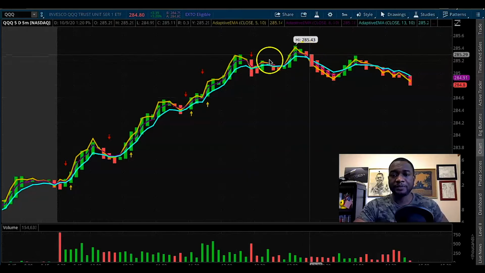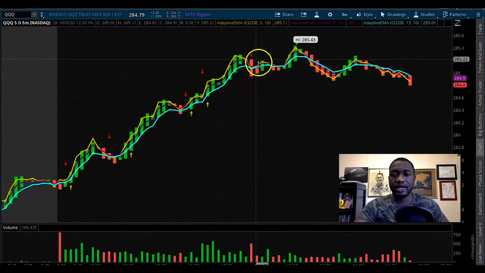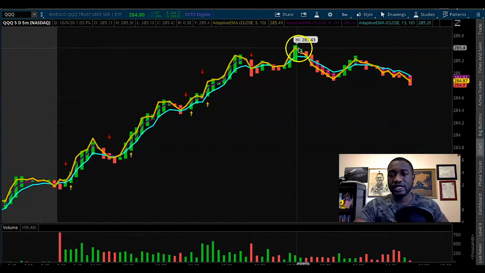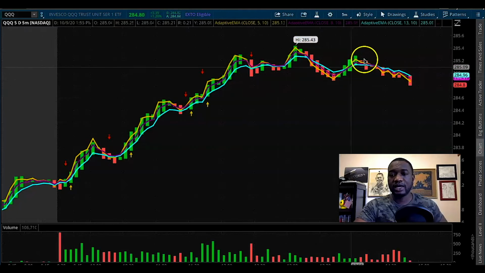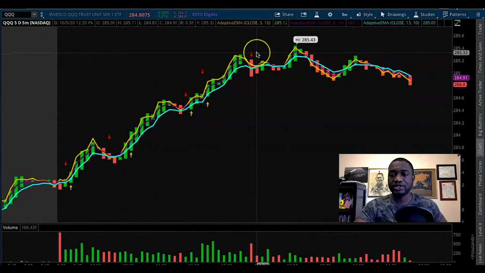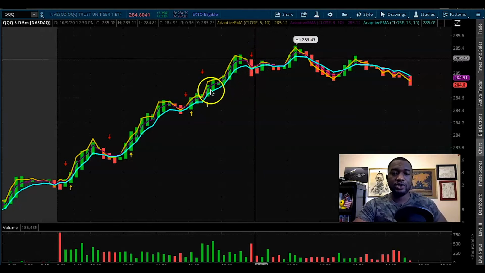Like right here, this signaled you to go short. At this point, you might be like, oh man, that was wrong if you had gone short. But if you just let the trade be, you see it went up and then it's back down from this position. So that's how you use it.